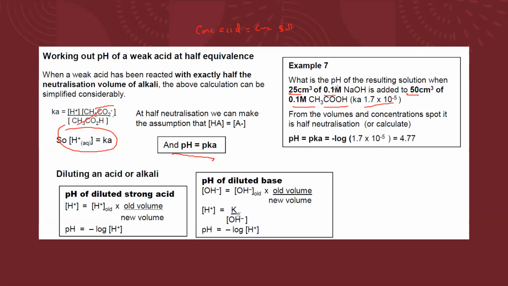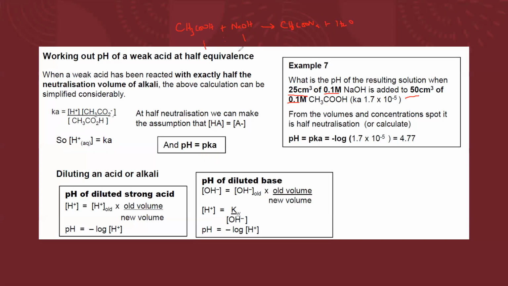The concentrations are the same, so the volume of sodium hydroxide is half the volume of ethanoic acid, and the simplest ratio for this reaction is 1:1. 1 mole of ethanoic acid reacts with 1 mole of sodium hydroxide, resulting in the formation of sodium ethanoate plus water.